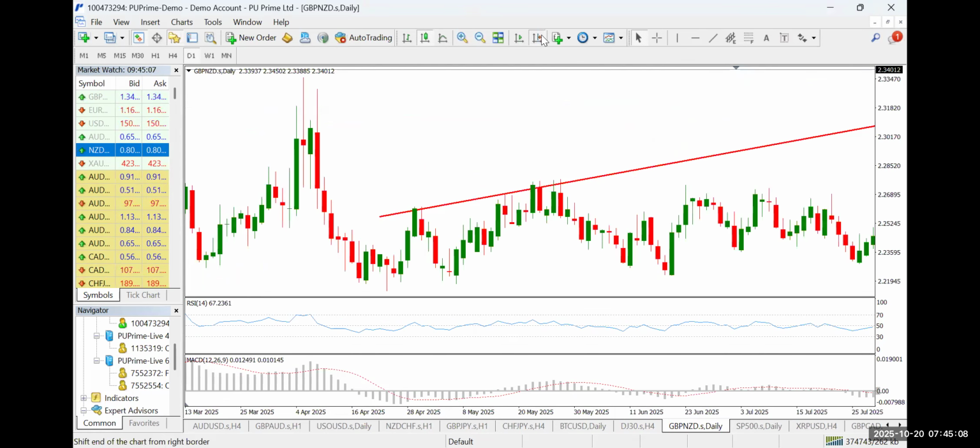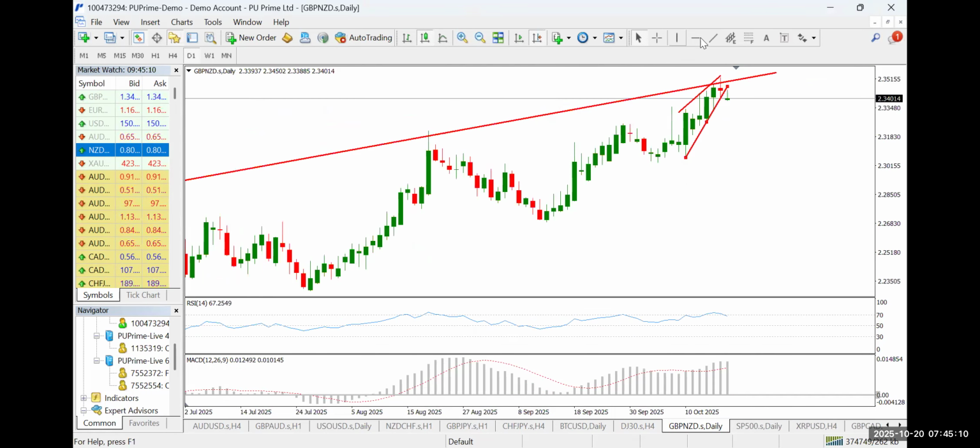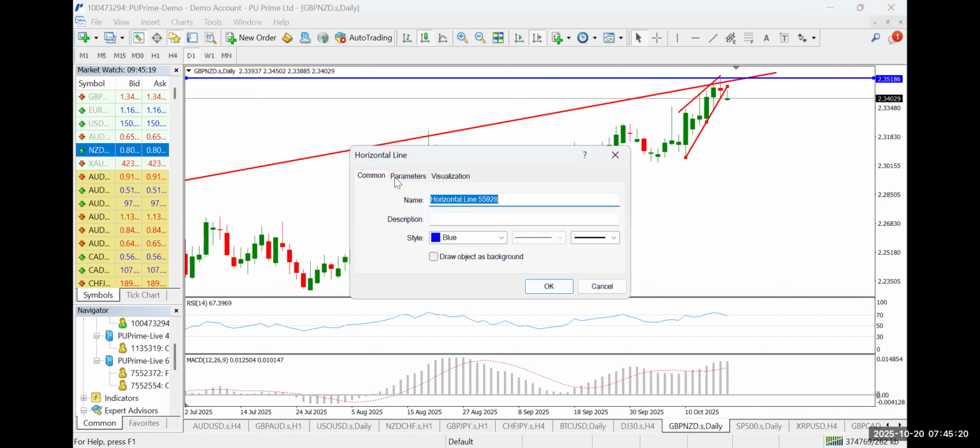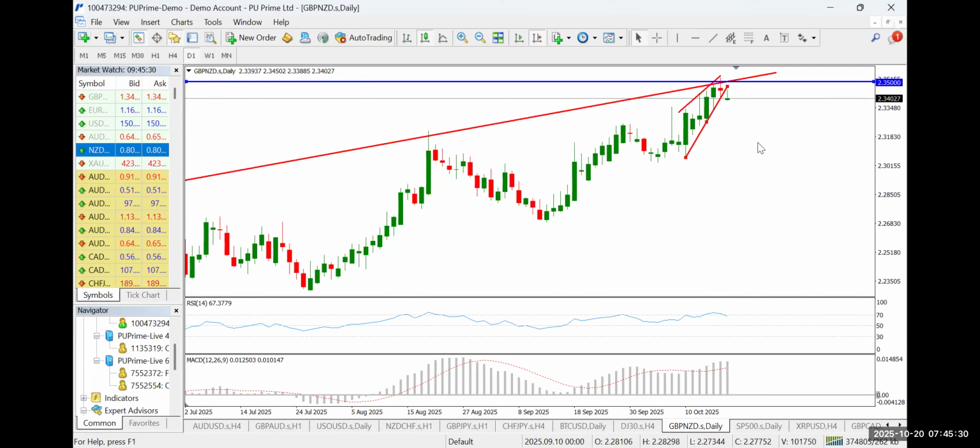And that's an indication of a potential reversal. And I think there's a psychological level up there also, which can act as a resistance. 2.350000. So let's check. Yeah, that gives us a psychological level.